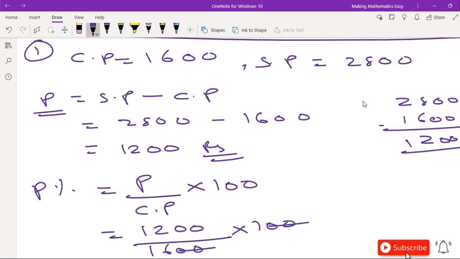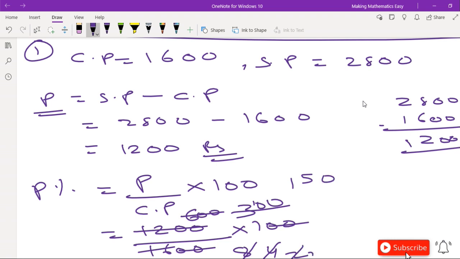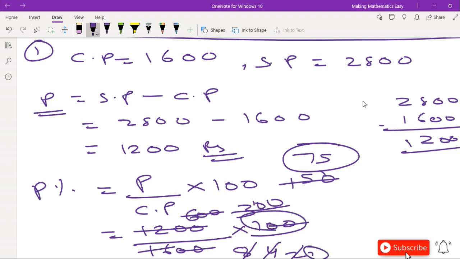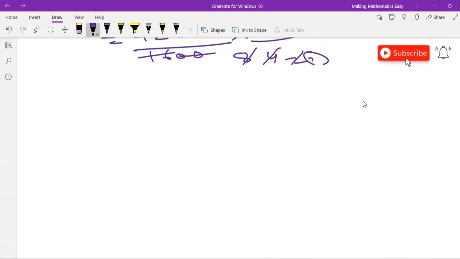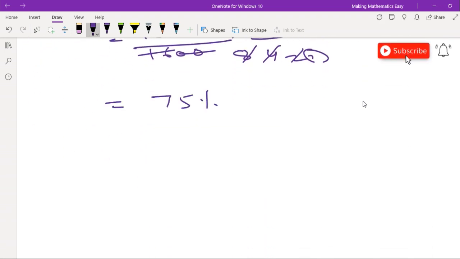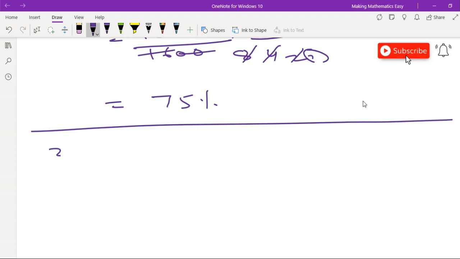Let us cancel this, these 00 get cancelled. 2 8s are 16, 2 6s are 12, 0 0. 2 4s are 8, 2 3s are 6, 0 0. 2 2s are 4, 2 1s are 2, 5s are 10. 2 1s are 2, 2 7s are 14, 1 gets carried, 2 5s are 10. So we have 75 over here. This 100 got cancelled and we have 1 over here. So we have a profit percent of 75. So you have 75 percent profit.